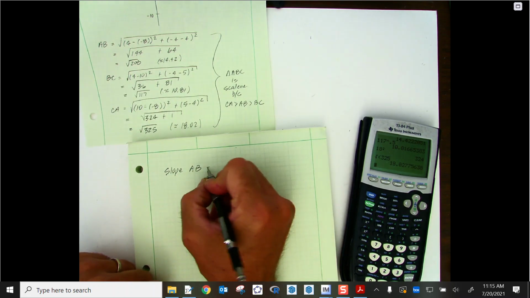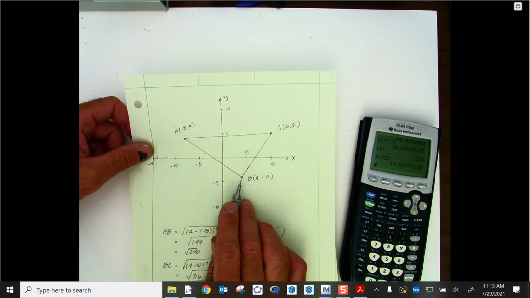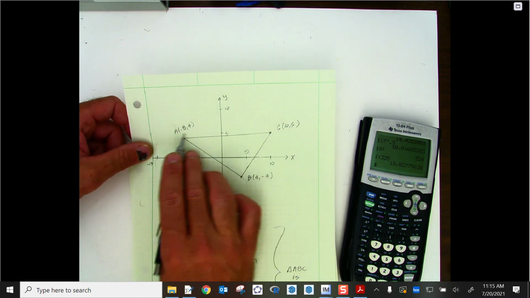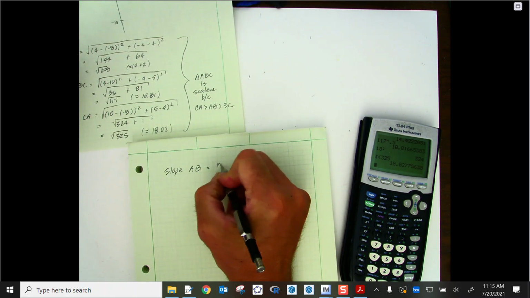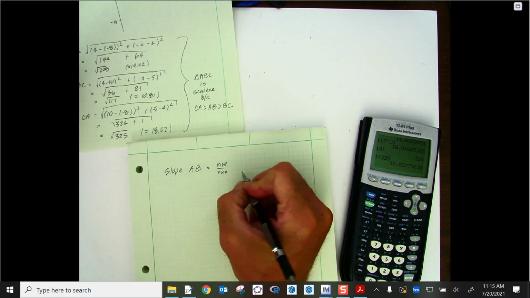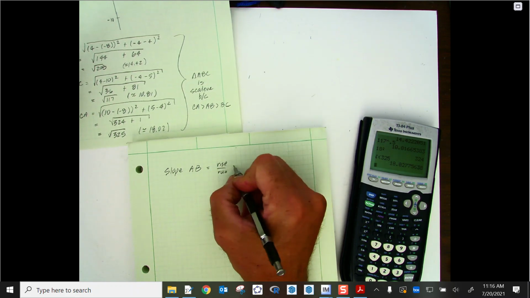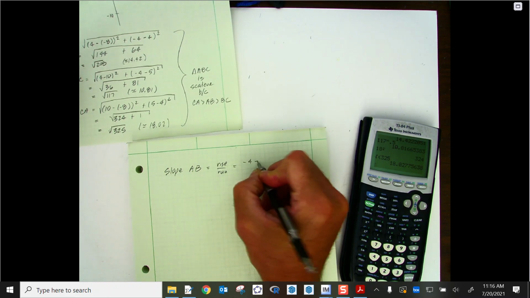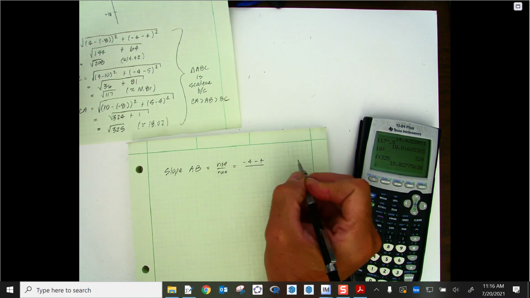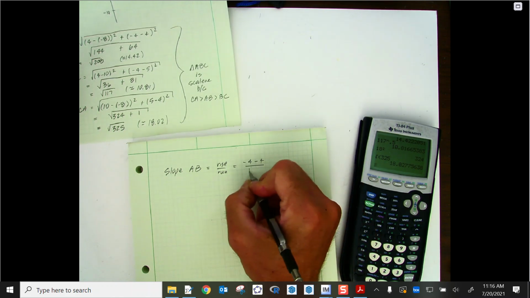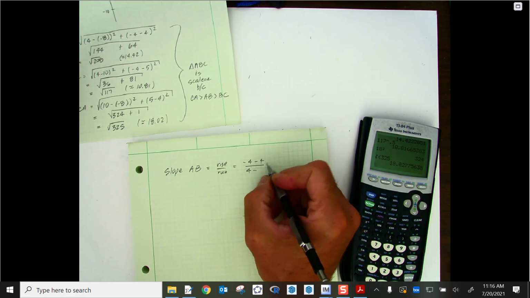Let's do AB first, going from A to B. This is x1, y1 and this is x2, y2. That's the rise over the run going from A to B. The rise is the y's, so negative 4 minus positive 4, all over 4, the x coordinate for B, minus the x coordinate for A, which is negative 8.